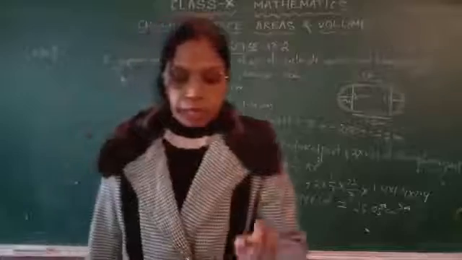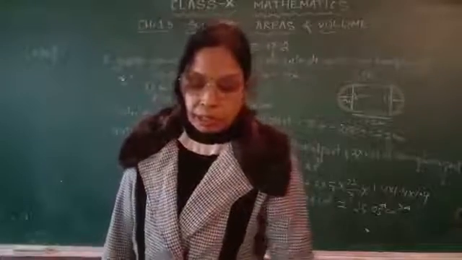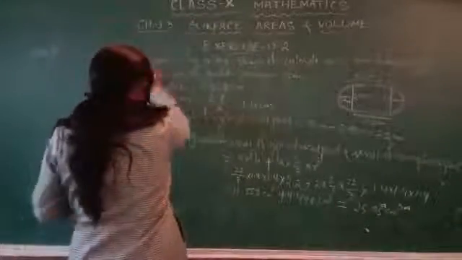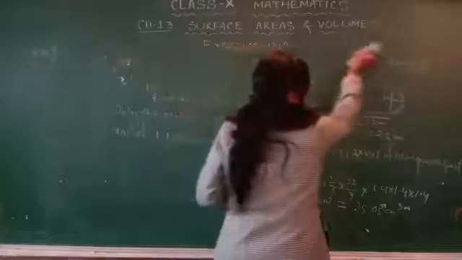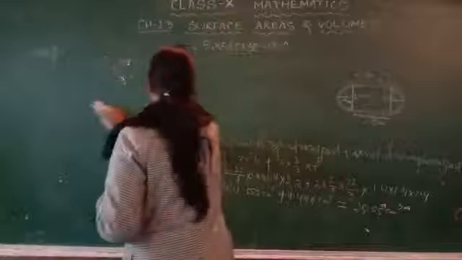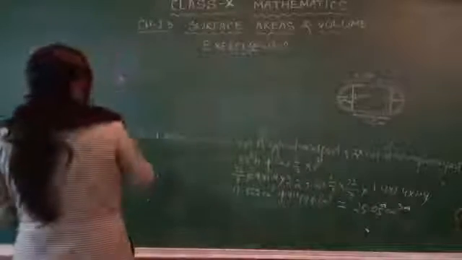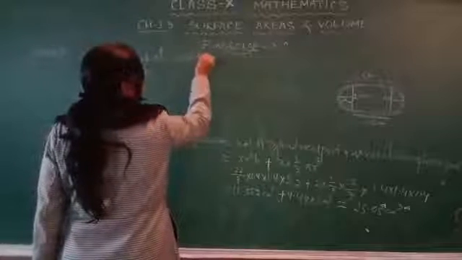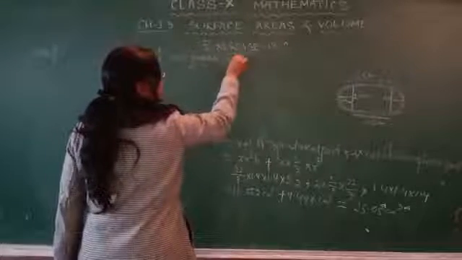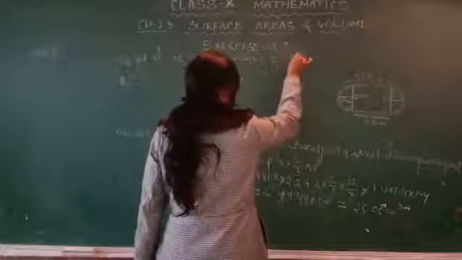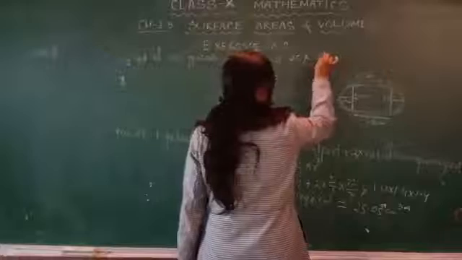But here the question said how many gulab jamuns are there? Now 45 gulab jamuns are there. So the volume of 45 gulab jamuns is equal to 25.05 into 45.